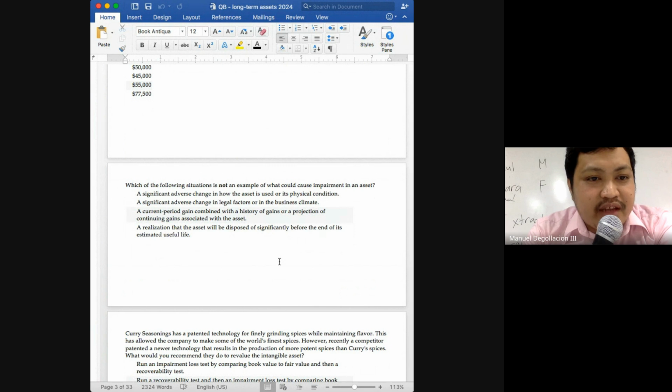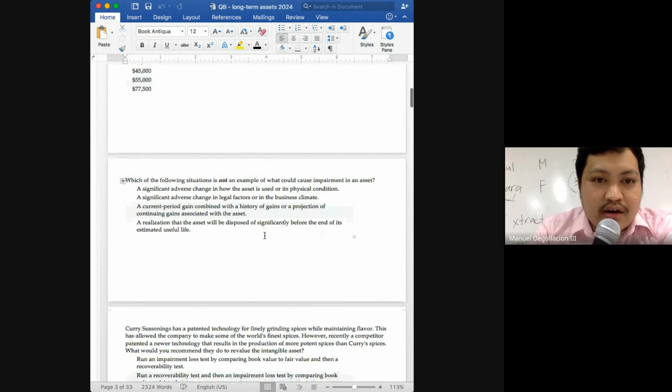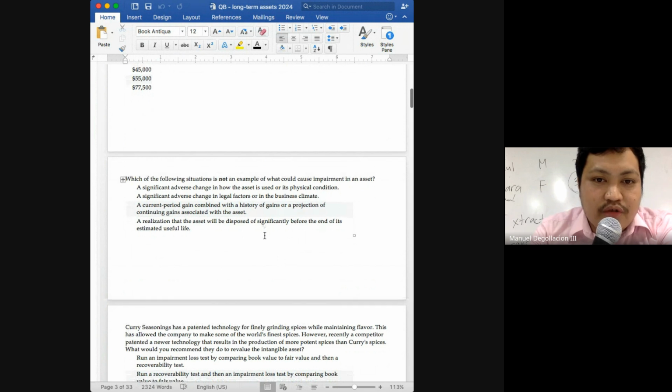A significant adverse change in how the asset is used or its physical condition. Adverse meaning it's not a good change. A significant adverse change in legal factors or in the business climate. And the fourth choice, a realization that the asset will be disposed of significantly before the end of its estimated useful life. Those are indicators of an impaired asset.